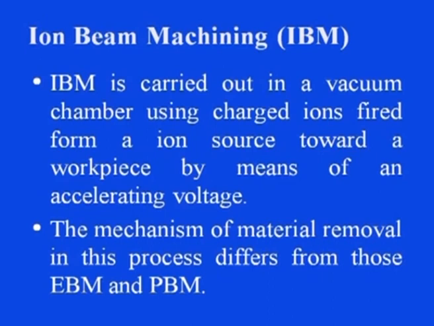In short, it is known as IBM. The ion beam machining is carried out in a vacuum chamber using charged ions fired from an ion source towards a workpiece by means of an accelerating voltage. The mechanism of material removal in this process differs from those in EBM and PBM, that is electron beam machining and plasma beam machining.